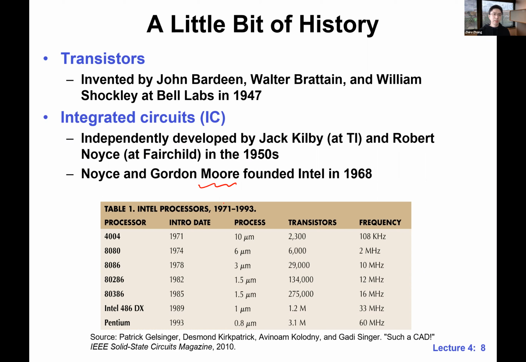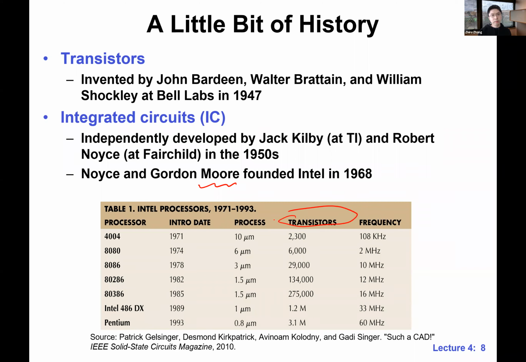Because this entire industry is going after this, trying to make this alive. What exactly is Moore's Law? Initially, Gordon Moore said that the transistor count on a single chip, look at this table, this is some of the early generation of Intel processors.